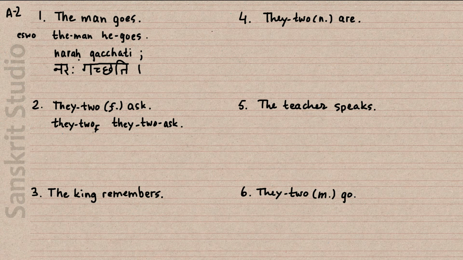And we know that if it's feminine and it's dual, as in this case, then it's te for the pronoun. And the verb then will be prichati, but in third person dual, prichataha.